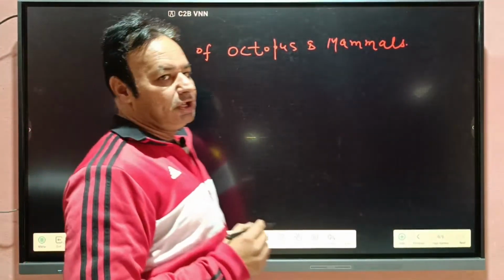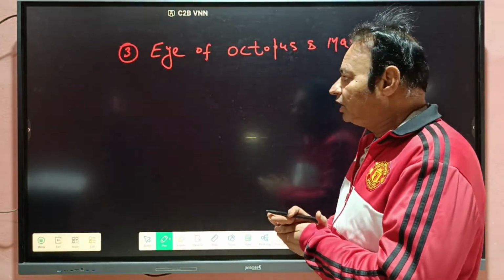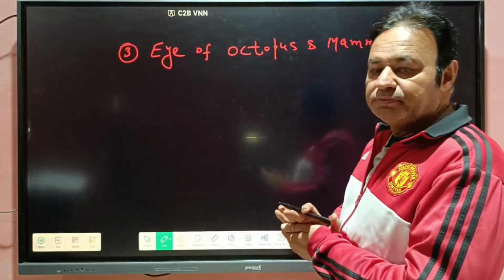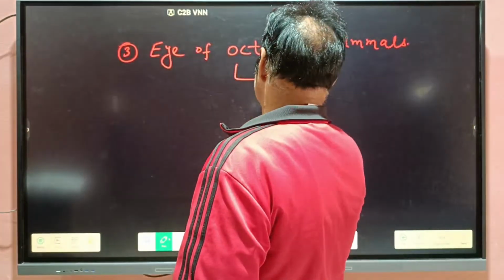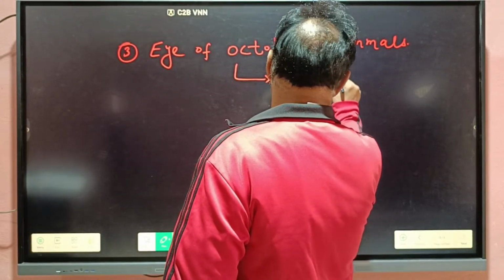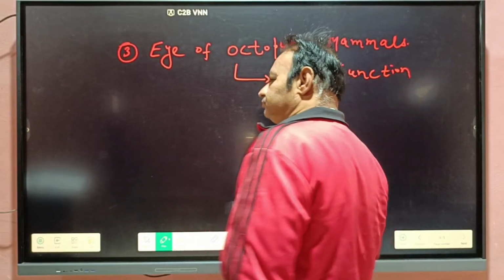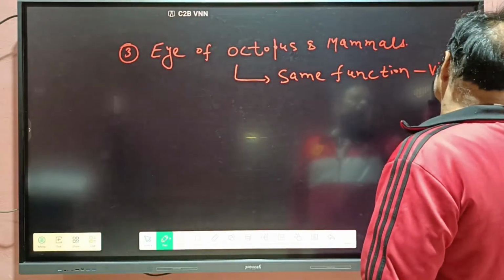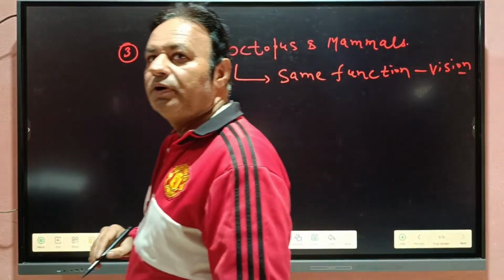If you see the anatomy of the eye of octopus and the eye of a mammal, they have different anatomy, but the same function, which is vision. So we can say that it is also an example of analogous organs.